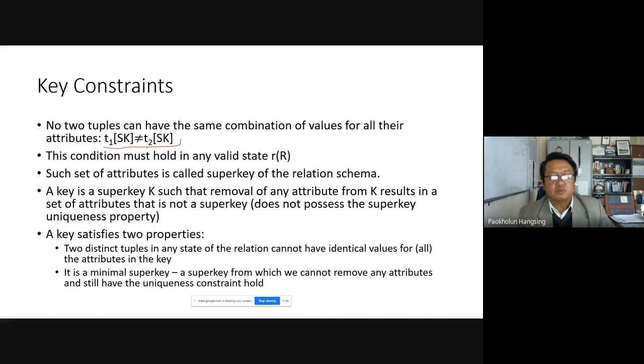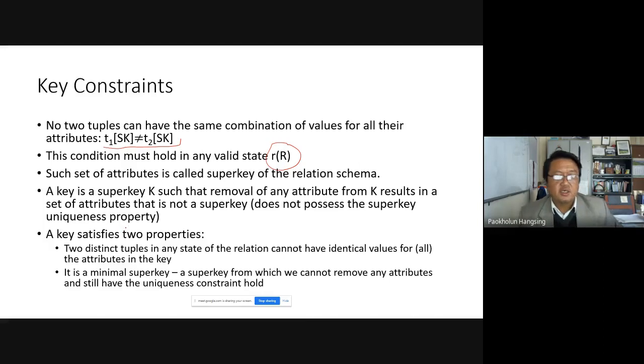SK actually stands for super key. We'll come to that. Now, this condition must hold in any valid state of a relation. Okay, so a set of attributes is called a super key of a relation schema. That means a key is a super key such that removal of any attribute from K results in a set of attributes that does not possess the super key uniqueness property.